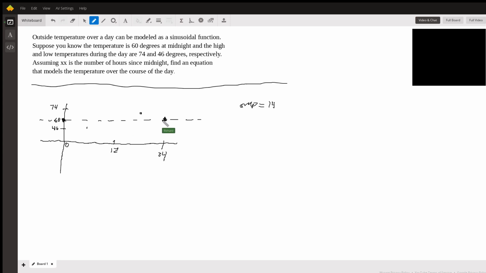So what does that look like to you? That looks to me like a sine curve. Just going to move these points around a little bit so we get something that looks more friendly.